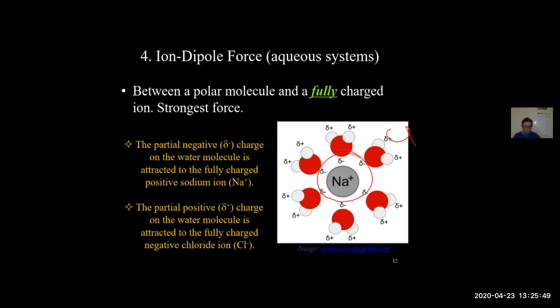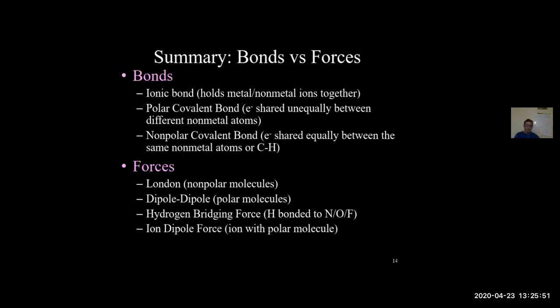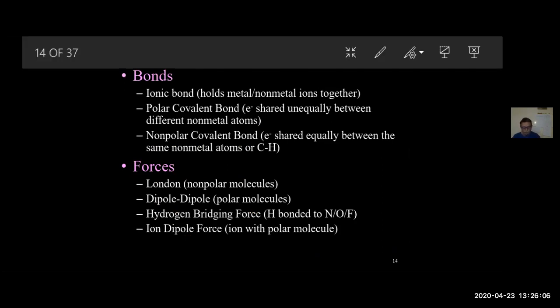Now, let's summarize the difference. When we talk about the bonds, not to confuse the two, we're talking about either an ionic bond, and refresh your memory about ionic bonds, that is a bond between a metal and a nonmetal together.